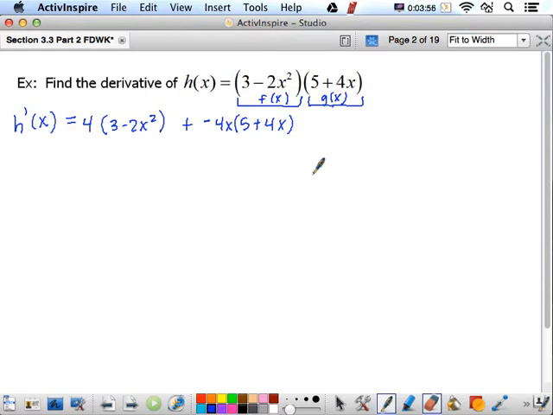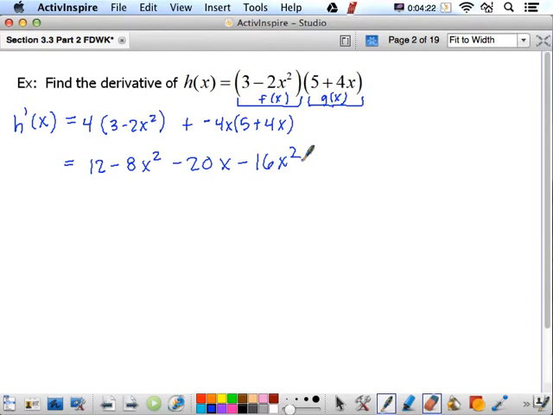Okay. Now you are not allowed to stop when you have addition and subtraction outside of parentheses. So you have to do that distribution and clean everything up. So at some point, you're going to have to distribute. It's just, do you want the burden in the beginning or in the end? So that gives us 12 minus 8x squared minus 20x minus 16x squared.